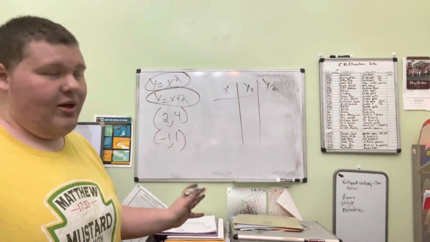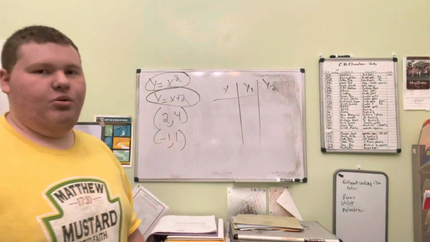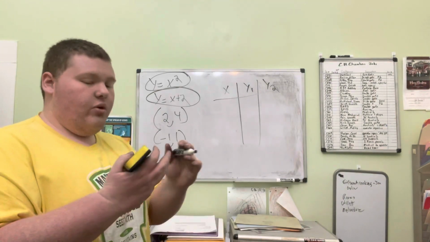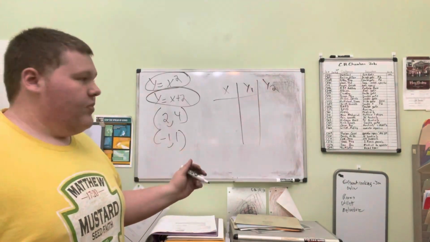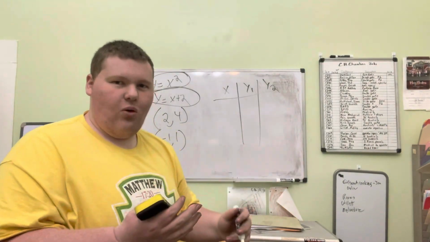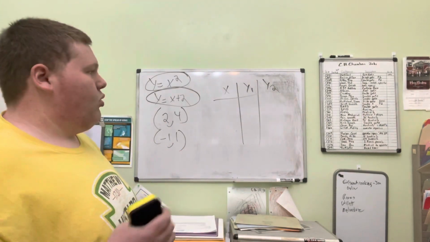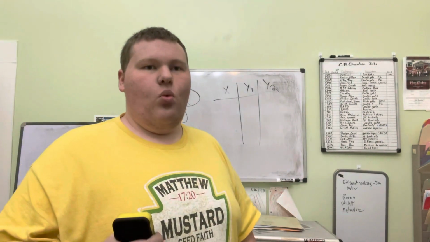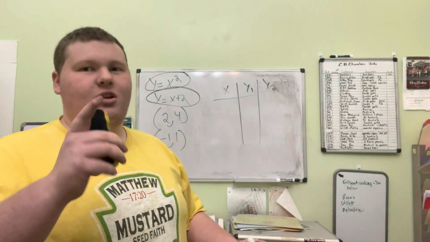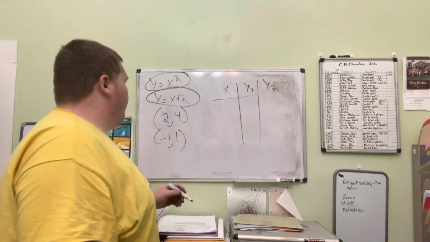So, what do we do next? We're going to plug in some x values and see what our outputs are going to be. Our starting x value is going to be one number before the range of these 2 points, and we're going to end with one number after the whole range. We have 2, 4 and negative 1, 1.